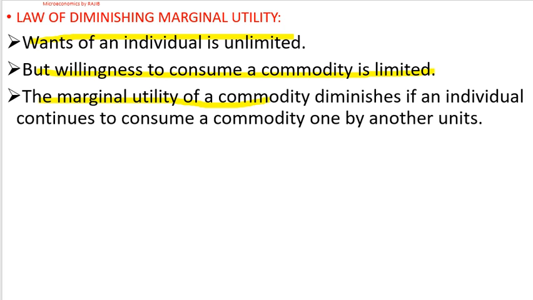The marginal utility of a commodity diminishes if an individual continues to consume a commodity one unit after another. Our wants are unlimited, but our willingness to consume is limited. To an extent we consume the commodity, and after that limit we reduce our consumption. Therefore consumption is called limited.